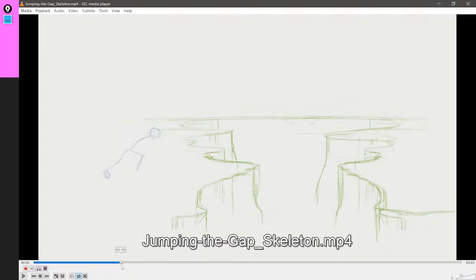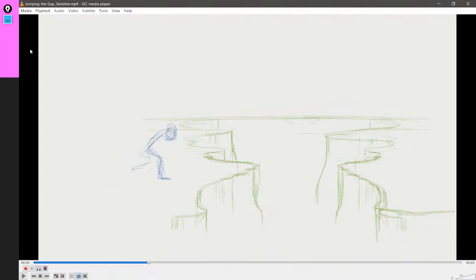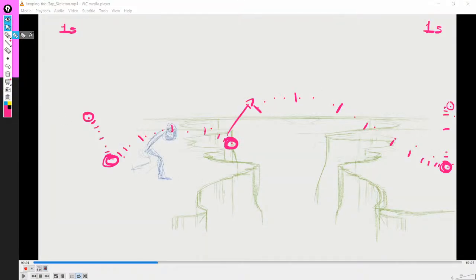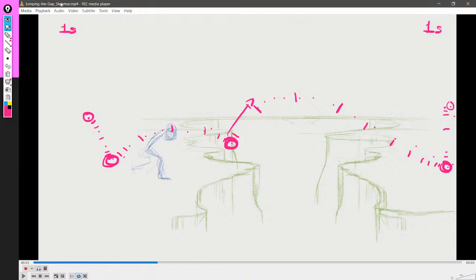I'll say too, even where you had the third keyframe, initially I had a couple more poses drawn in that area, and it really added to the awkward feeling because it felt like the character was trying to explode from the start of the run, and then slowing down and coming to a complete halt to bend over for a jump. So I ended up having to compensate and get rid of a couple keyframes to make it feel like more momentum, like it's a continuation.